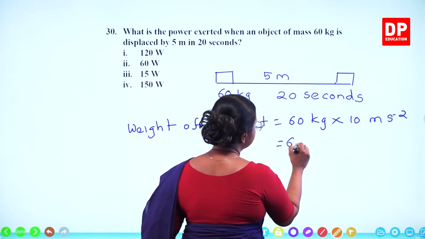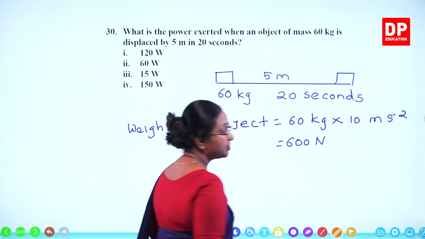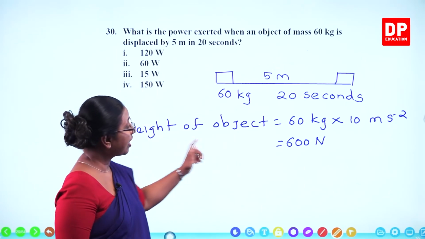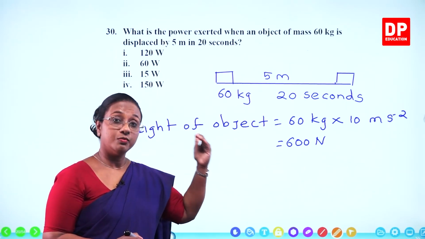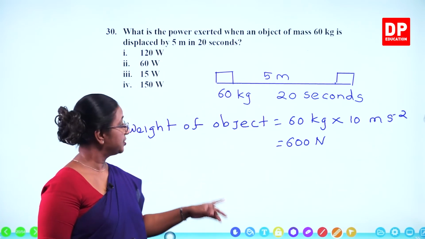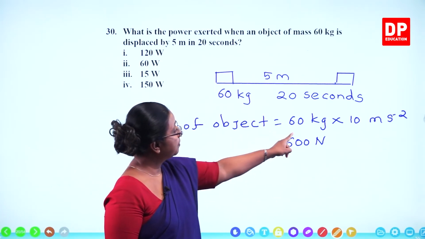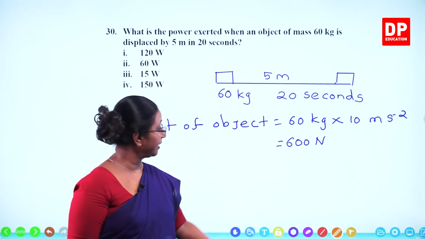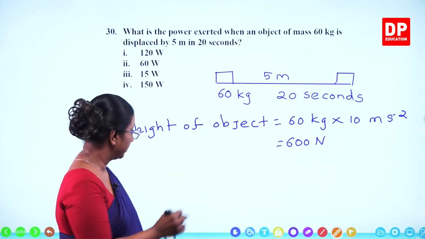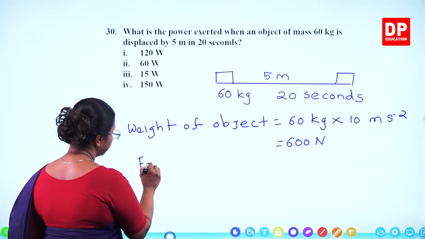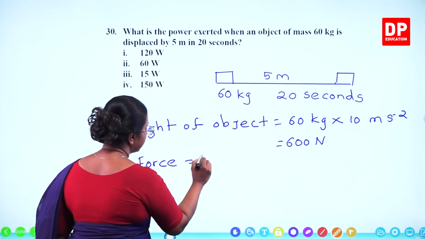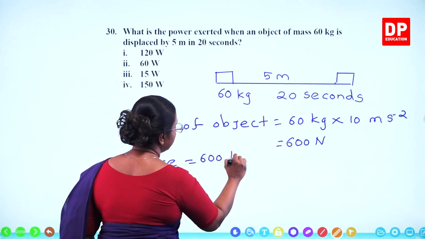That is going to be 600 Newton. Now students, so far I have been writing all the equations in complete equations. Here you all know when we say weight of the object, mass into gravitational acceleration, that is 600 Newton. So force exerted, force is 600 Newton.